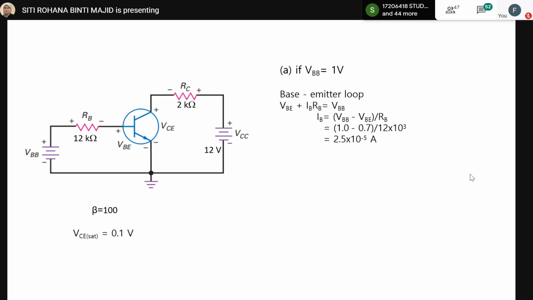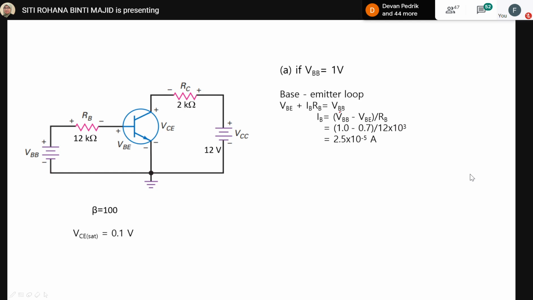Again, we can use Ohm's law: IB equals VBB, the source of the base, minus VBE on, which is 0.7 volt, over RB, which is 12 kilo ohm. You plug in and calculate, and you will get 2.5 times 10 to the power of negative 5 ampere. That is the value of IB.